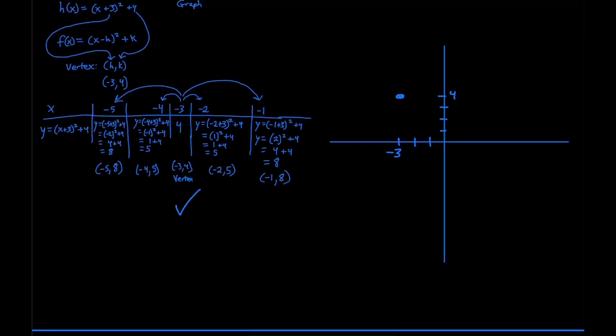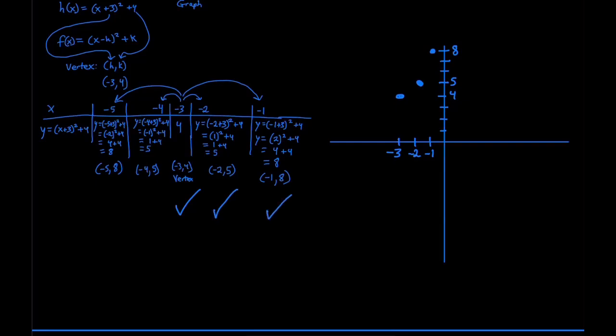After you plot the vertex, you can go in any order. You can do the right ones or the left ones, but you can plot the rest of these in any order. So this is -2, this is 5. The next point is here, going to the right. Then this is -1, and this is 8. So there's another point over here.